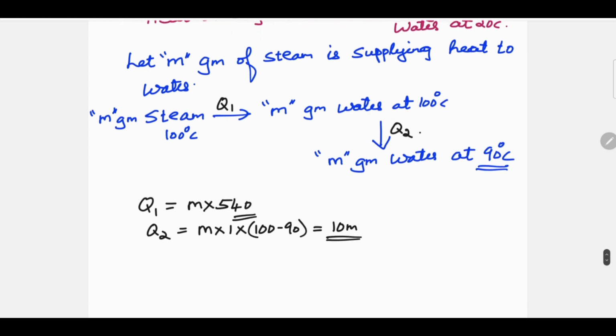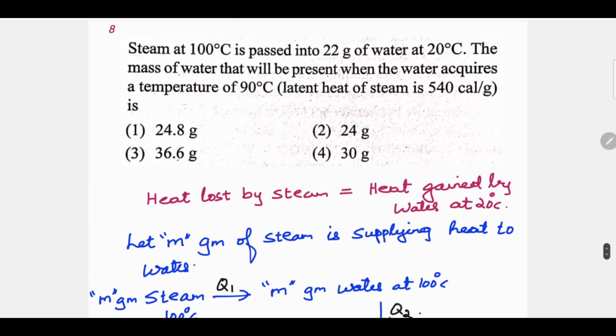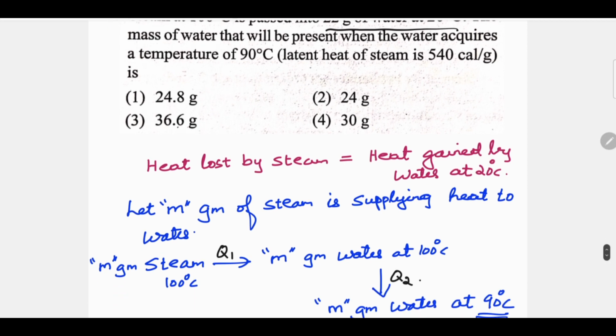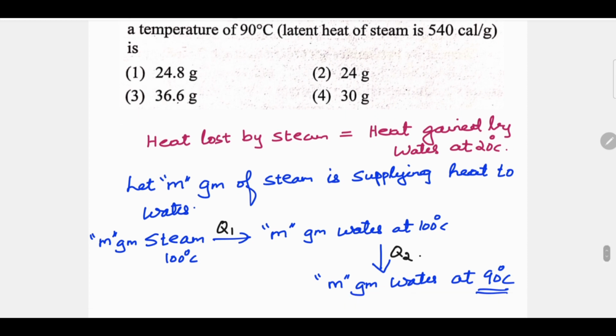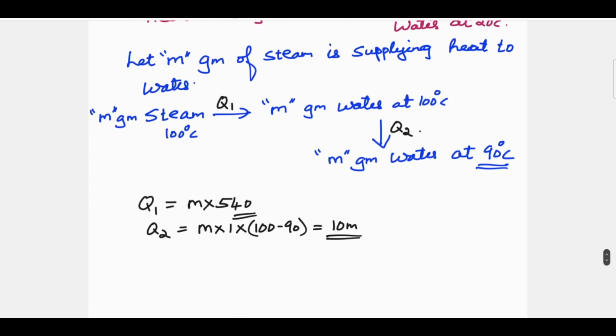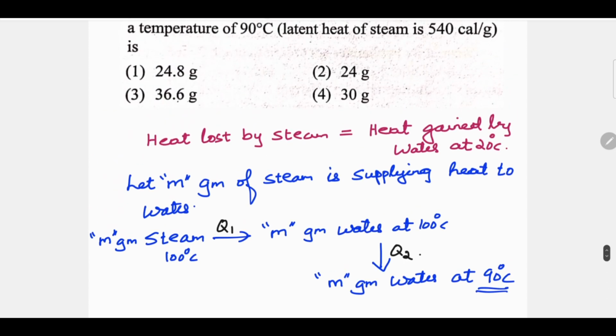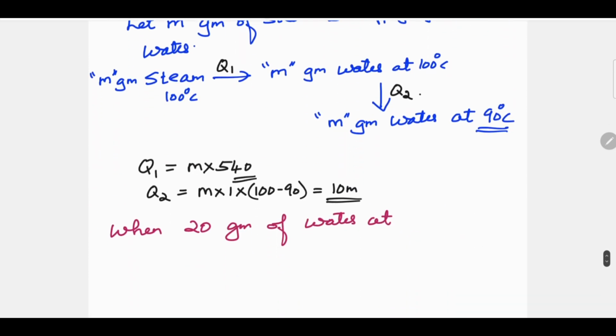Now using this Q1 and Q2, our 22 gram of water at 20 degrees Celsius will become 22 gram of water at 90 degrees Celsius.